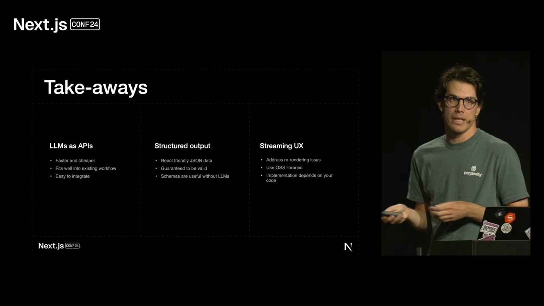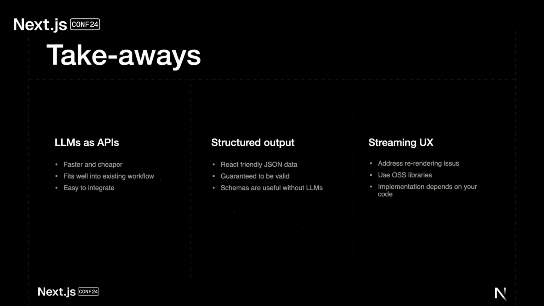So what are the takeaways? If you care about speed and robustness and don't want to wait until the inference speed catches up, consider using LLMs as APIs for data, the way I showed you. Get rid of markup and just focus on getting the data, because it will buy you speed and reliability. The structured output with schemas will help you easily adopt existing components, A/B testing frameworks, and QA practices.